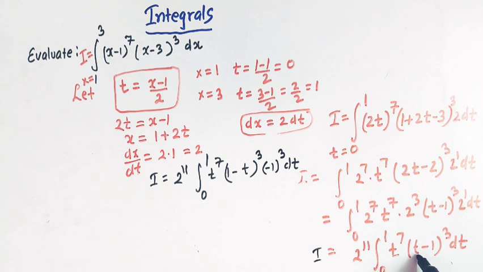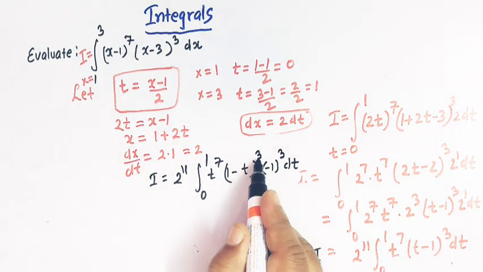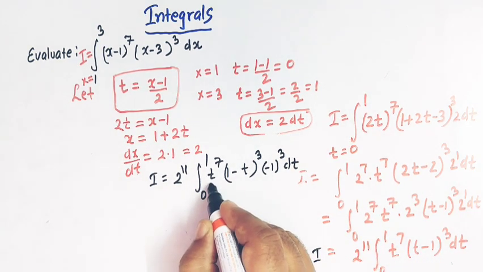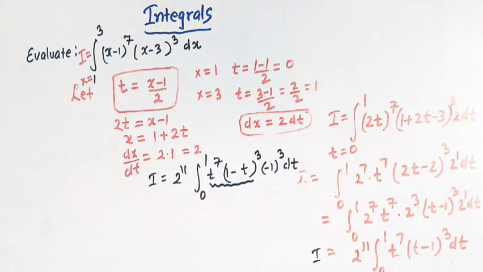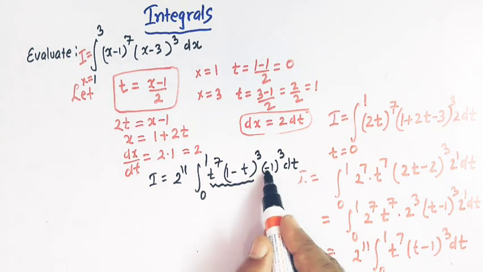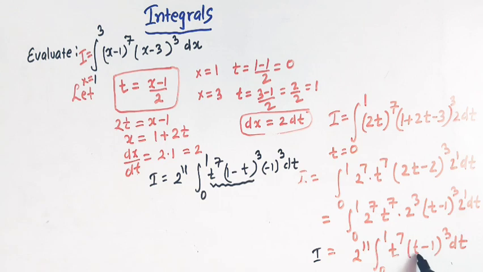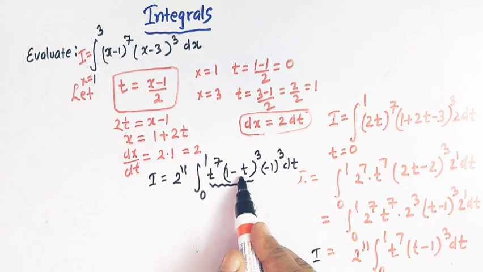What we have done here is write t minus 1 as minus (1 minus t), taking minus 1 common, because we want to convert this integral into a beta integral. So that's why we have minus 1 raised to 3, expressing t minus 1 as 1 minus t.